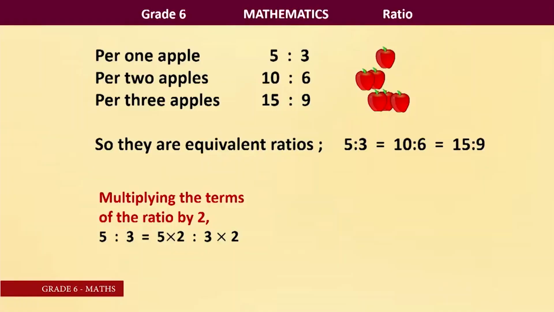Our first ratio is 5 to 3. Each term, 5 and 3, is multiplied by 2. 5 by 2 and 3 by 2. The answer is 10 to 6. Then it is the equivalent ratio of 5 to 3.